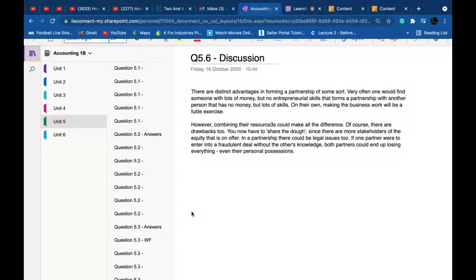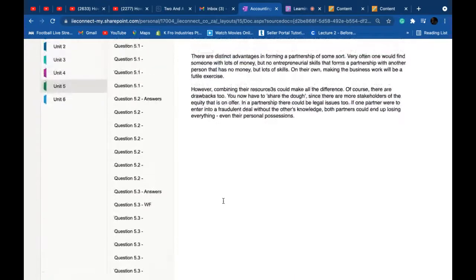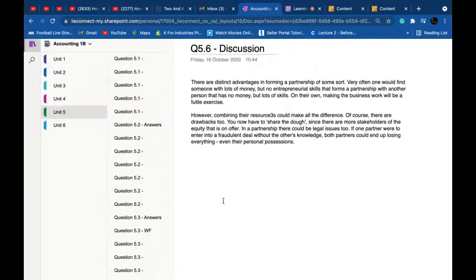Okay, right, so there you can really just see the thing that they're highlighting is obviously when we put our different resources and skill sets together, we can obviously do more, but there's a risk in that one could participate in fraud, and that can affect the business and affect you in your personal capacity.